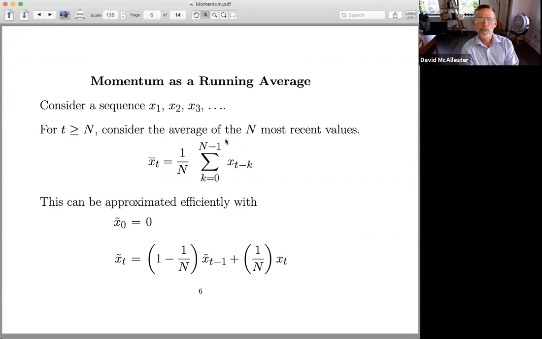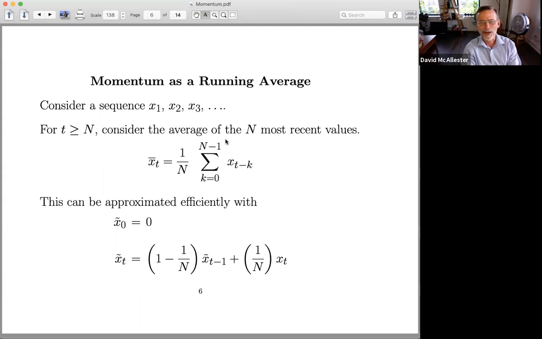So I'm going to try to reinterpret momentum in terms of running averages. And that's going to make the analysis simpler. So let's just consider a completely generic sequence of either numbers or vectors. And I want to consider a running average.